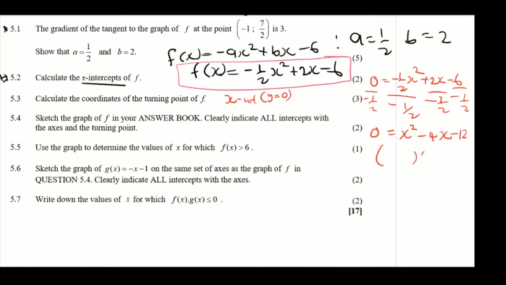Then you factorize this. It's going to be x, and then you use 6 and 2, so the 6 would be negative and the 2 would be positive. So x equals minus 2 or x equals 6. These are your x-intercepts.